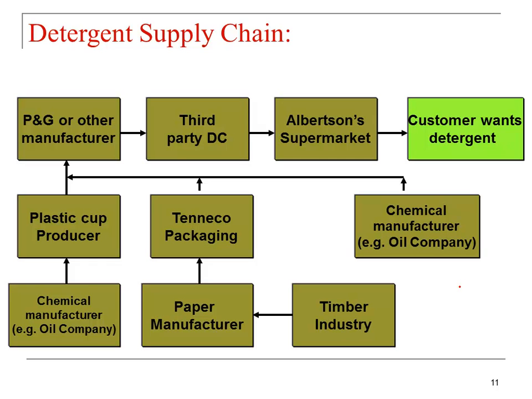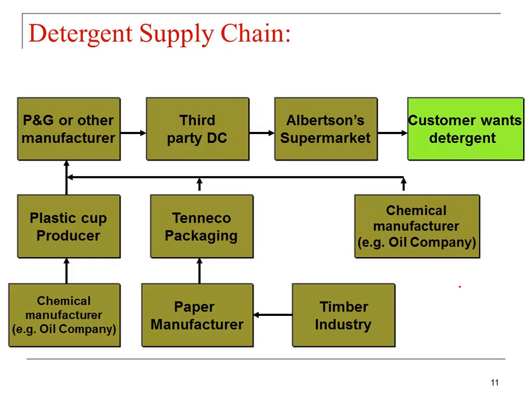So just to give you an idea of all the things that get together to produce a good, we have an example here for the detergent supply chain. The supply chain will involve everybody from the customer to the last supplier. So for instance, we are trying to get this detergent done. We're going to have people in the packaging area supplying you the packaging for your product.